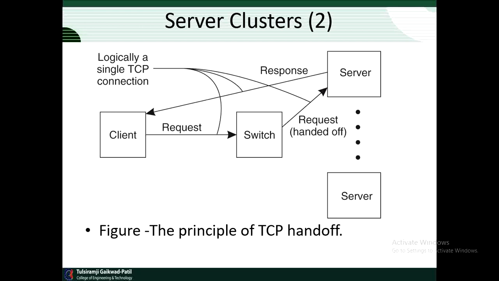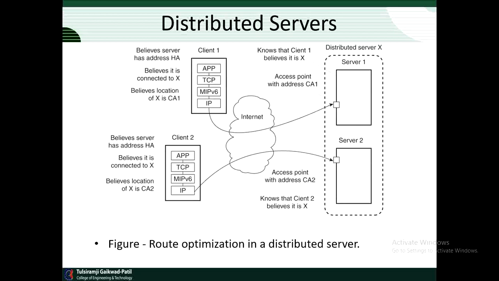Each time it picks up the next server from its list and forwards the request to it. So this is about the server cluster where the TCP handoff is to be done, and then we will see the distributed server.